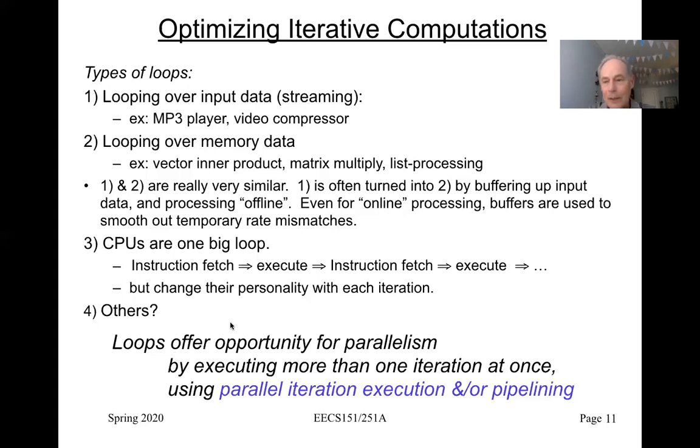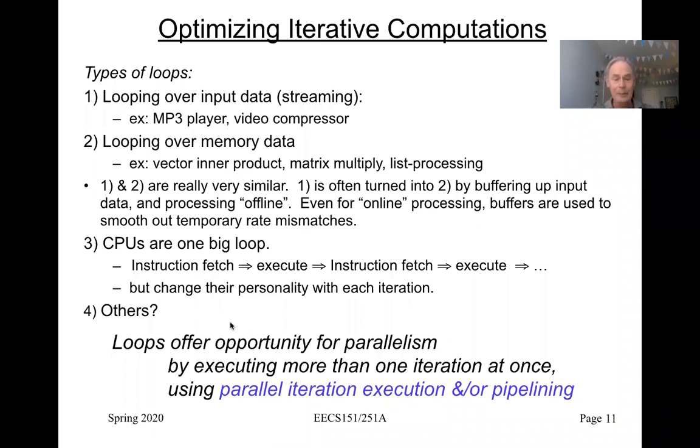Or we do pipelining. If you think of the processor as being in some sort of iteration, we can take the body of that iteration, which is the execution of each instruction, and pipeline it. That way we get to overlap more than one instruction at a time. We effectively overlap more than one iteration of the loop at a time, so we get parallelism that way.